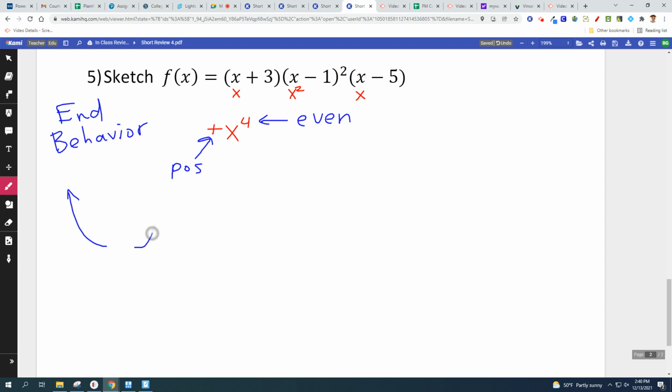When you've got a positive x squared, your end behavior is going to look like this. That is your end behavior. But I have more information than that because I know things about my zeros. I've got a 0 at negative 3 and positive 1 and positive 5. So I've got an awful lot of information about this graph right now.